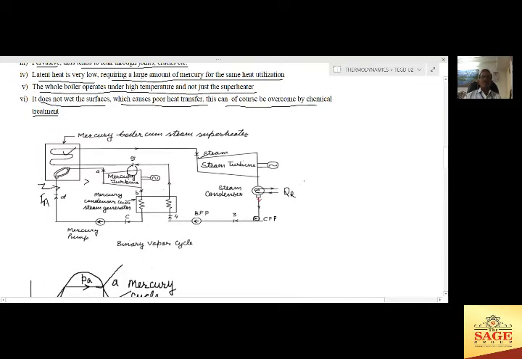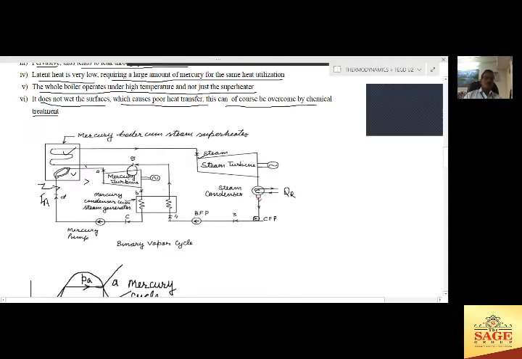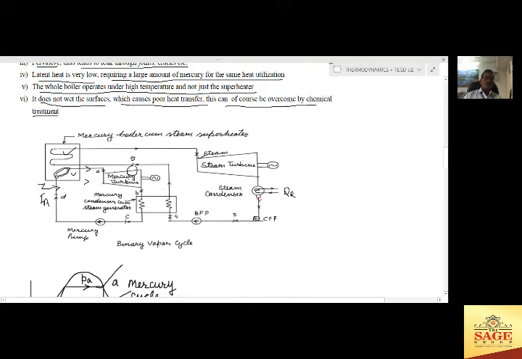Now we can see here the schematic diagram for this vapor cycle. This is the steam boiler, and steam produced by this boiler passes to this turbine.